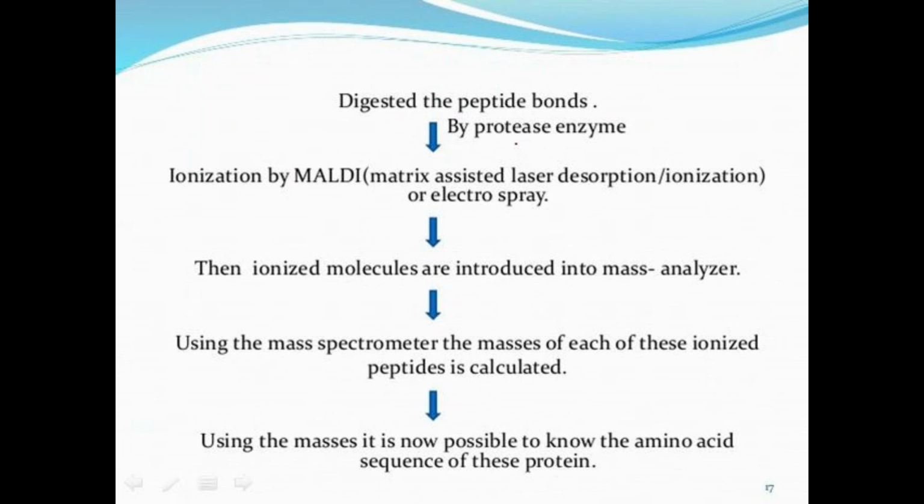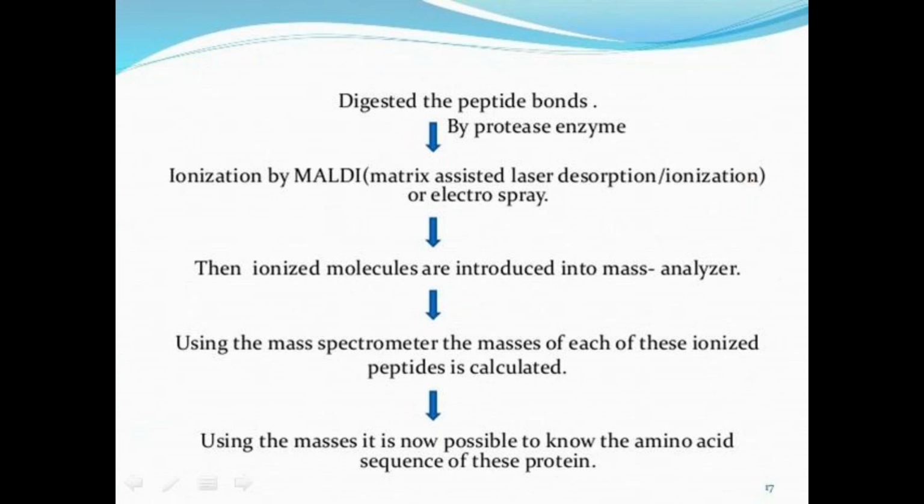Here mainly it uses the method where the peptide is digested. First we have to digest the peptide using protease enzymes, or different enzymes can be used. Then ionization by molding, meaning matrix assisted laser desorption ionization or the electrospray method.